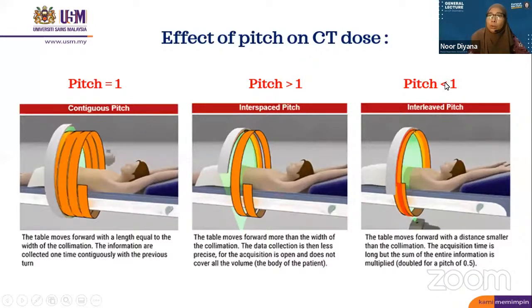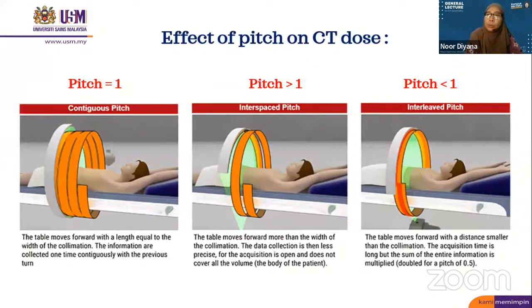And then for a lower pitch, which is less than 1, it is defining an overlapping beam width within the scanning. If there is overlapping, that means some parts get double exposure, maybe double or triple exposure because of the overlapping of the beam.